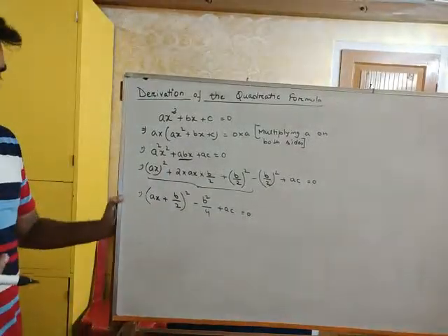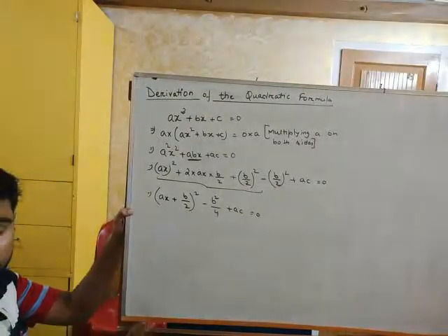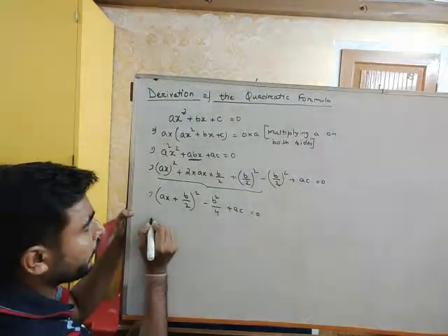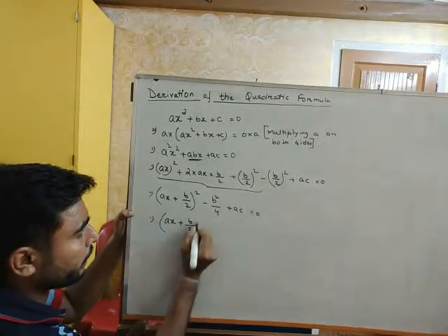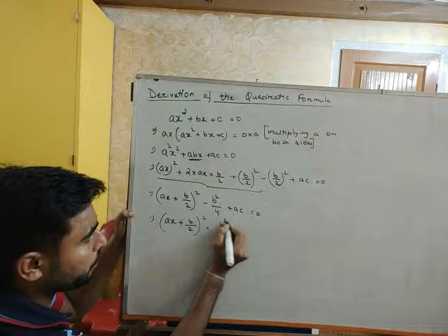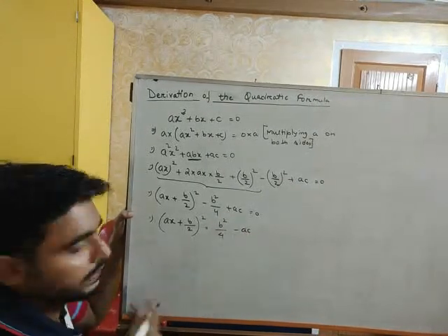Now we need to keep the whole square on one side and the other part on the other side, isn't it? So I can write ax plus b by 2 whole square is equal to b square by 4 minus ac.